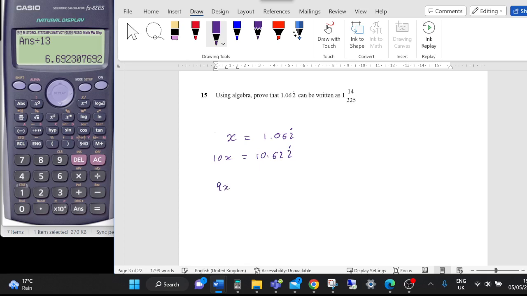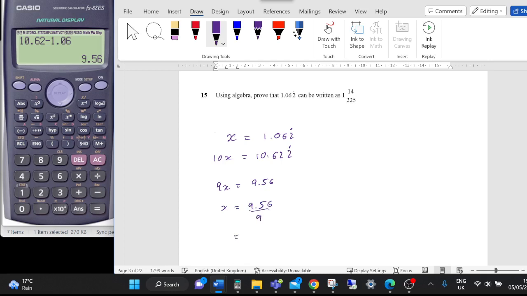So 9x would be equal to 10.62 minus 1.06, which gives me 9.56. So x is going to be equal to 9.56 divided by 9.